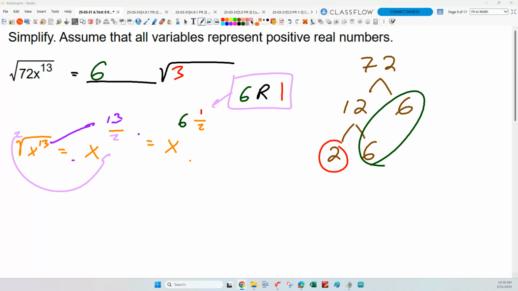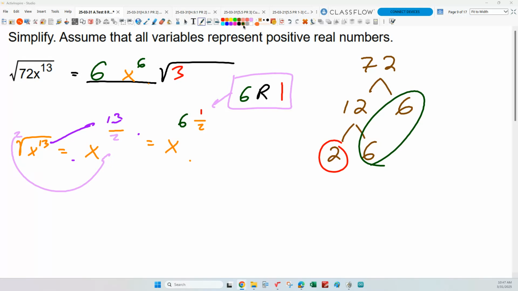Everybody agree? So what did that tell us then? That told us that we got an x to what power outside? 6. And what power did we get inside? The 1, right? Because I have an x to the 1 half.